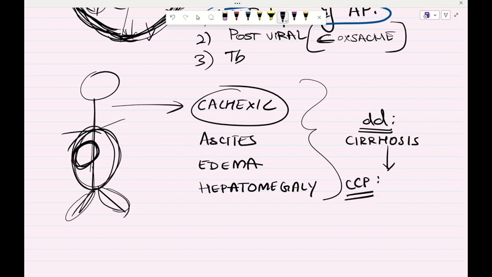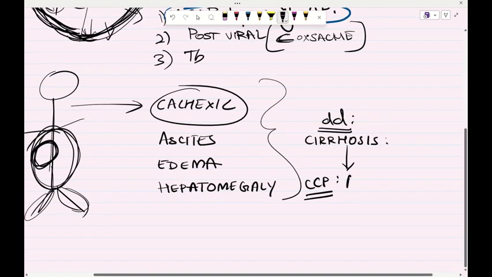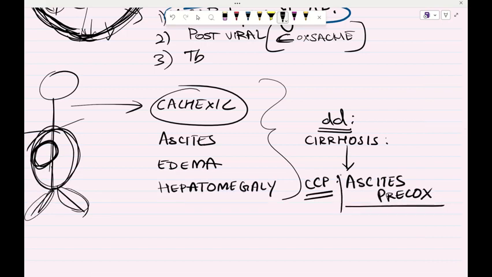In cirrhosis, ascites comes later, but in your CCP patient, you get ascites precox. Ascites comes first.